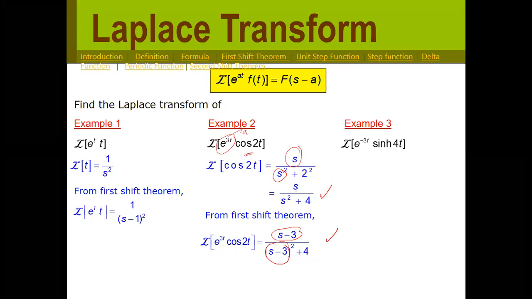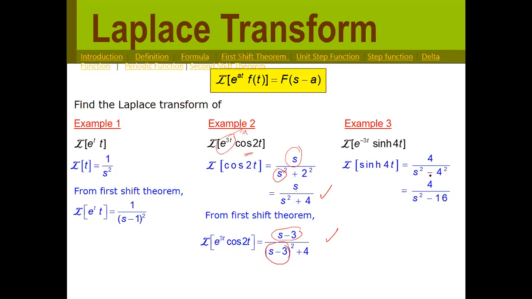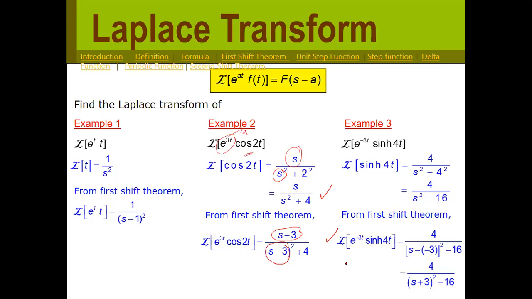Okay, ni Laplace eksponen minus 3t sin hyperbolic 4t. So sin hyperbolic 4t is what? 4 over s square minus 4 square. So eksponen minus 3t means di setiap s, mana ada s kat sini?